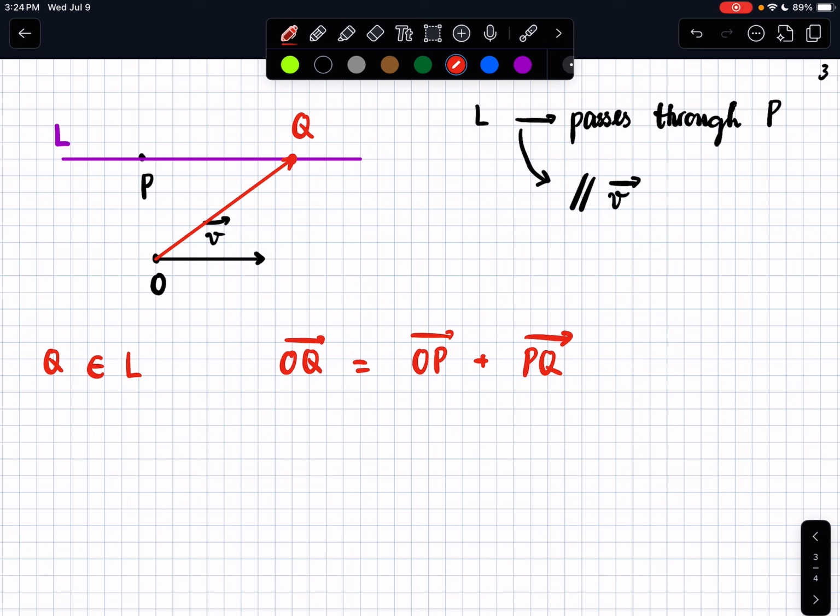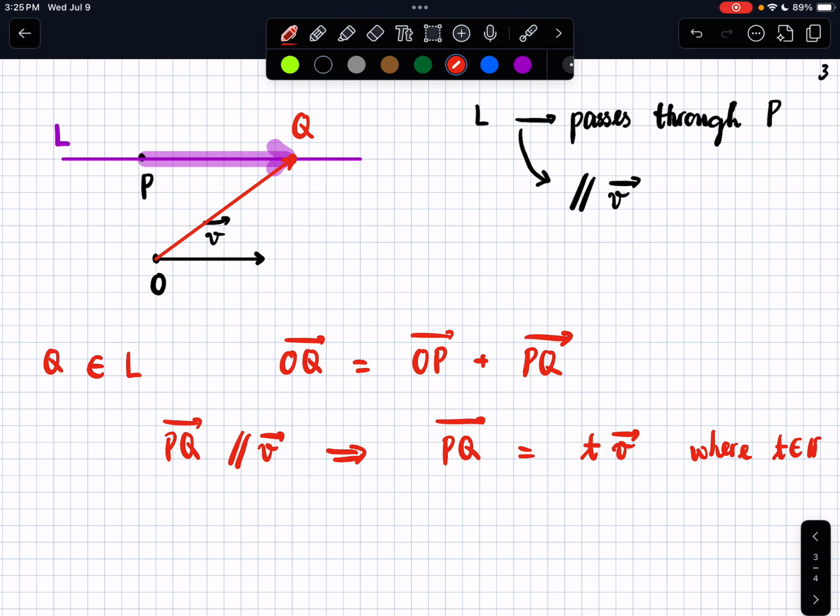PQ is parallel to V. Vector PQ is this vector. It is parallel to vector V. So we know that PQ equals T times V, where T is a scalar, or a real number in this case.